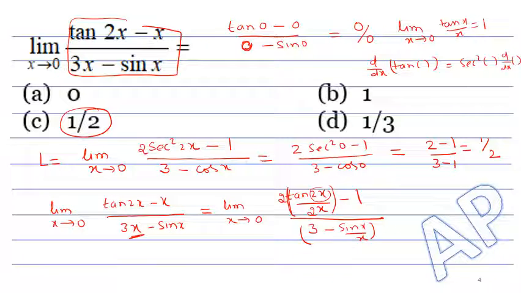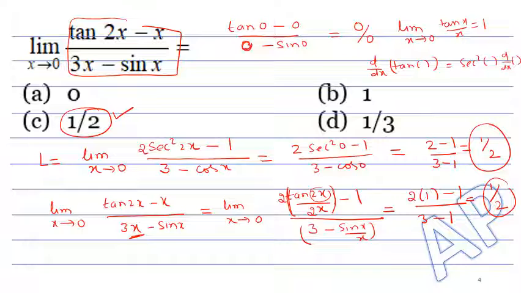The value of that when x approaches 0 is 1. Therefore, this given limit becomes 2 into 1 minus 1 by 3 minus 1, because limit as x approaches 0 of sin x by x is also 1. So I have 2 minus 1 is 1 and 3 minus 1 is 2. So in both the ways, the answer is 1 by 2.